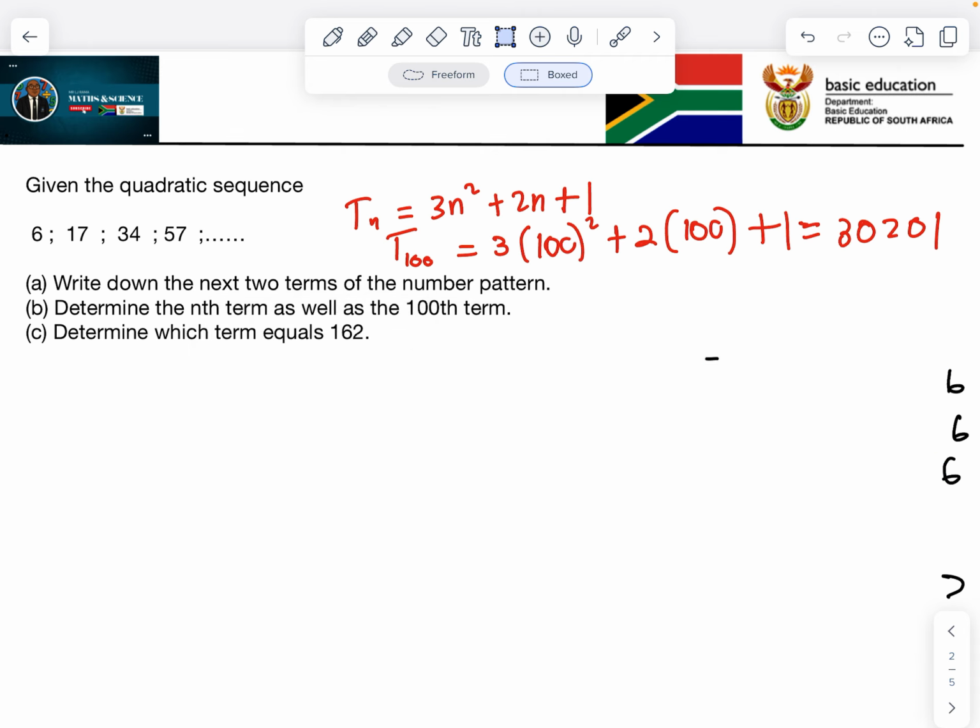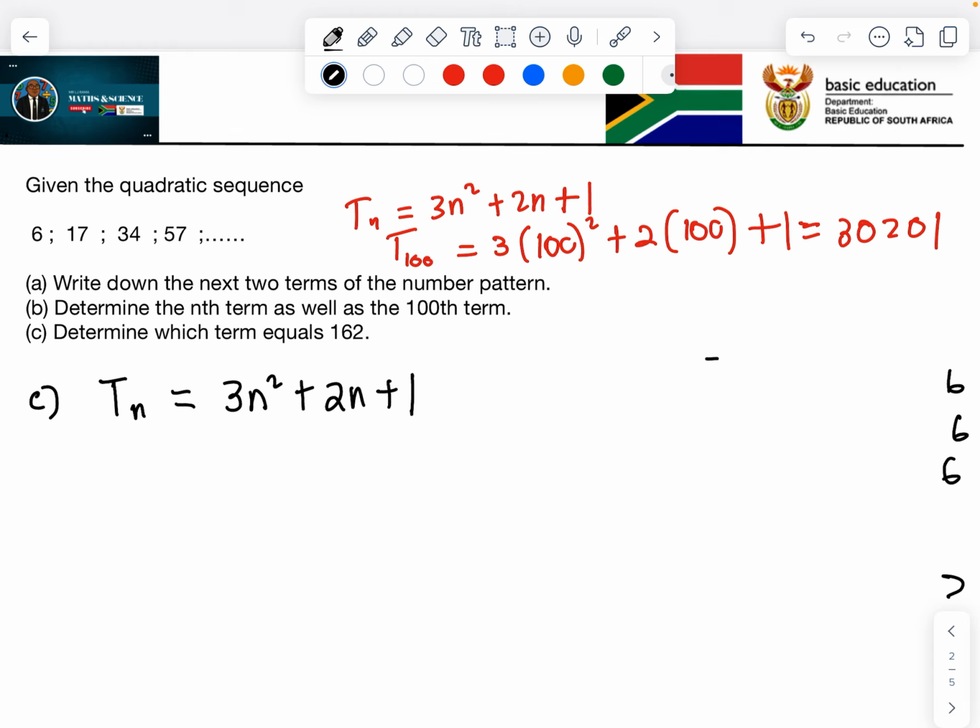So now going into C. For C, they want us to determine which term is equal to 162. So they basically want n here. We have our nth term, or our general term, Tn equals 3n squared plus 2n plus 1. So I'm going to equate my Tn to 162.